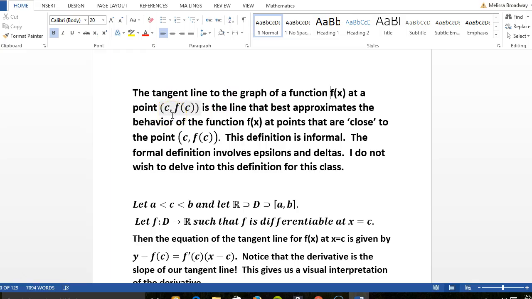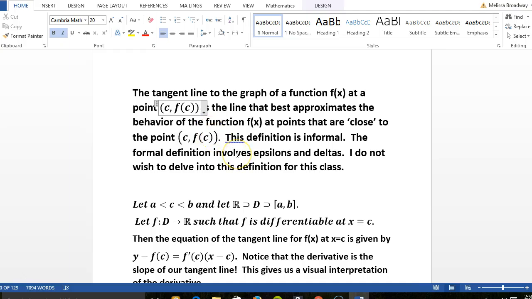Let me back up. If I go to the point on the tangent line where the x coordinate is exactly c plus delta c, then the y value on the tangent line won't quite equal f of c plus delta c, but it will be so close it's not funny, okay?